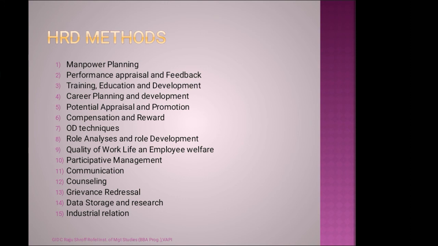They can help in creating jobs for the wives of workers and so on. Just like Wipro is doing the same, they are offering jobs for wives. So this kind of welfare activity and family and vocational guidance also improves IR.